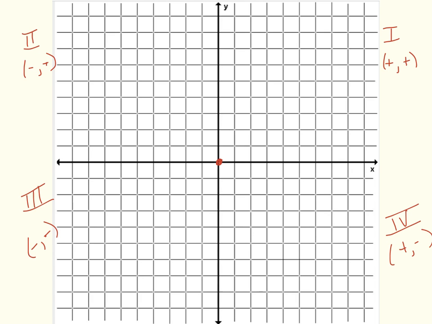All right. We've done this before, so this really isn't new, but we're going to quickly review what that looks like. So let's say I'm going to put some points on here. We'll call that A, and we'll put one over here, and we'll call that B, and we'll put one down here, and we'll call that C, and one right there, and we'll call that D. So we should be able to give a name or an address to all of these points as they relate to the distances from 0 on both the x and the y axis.